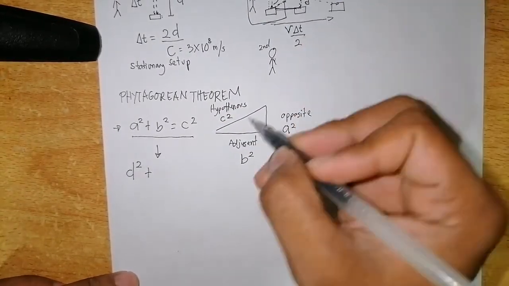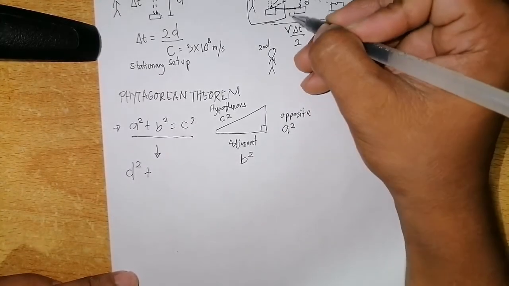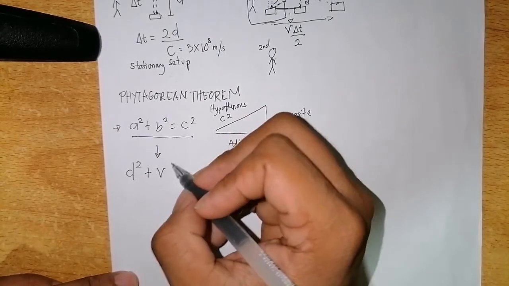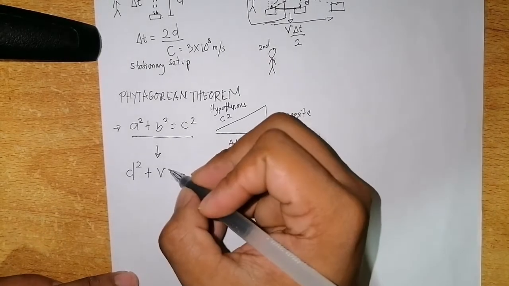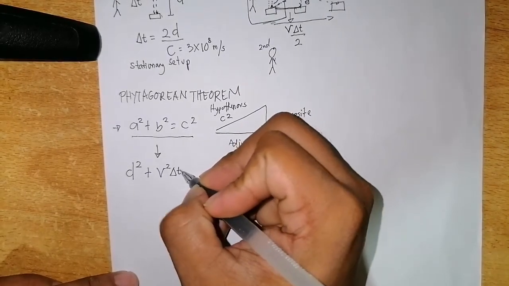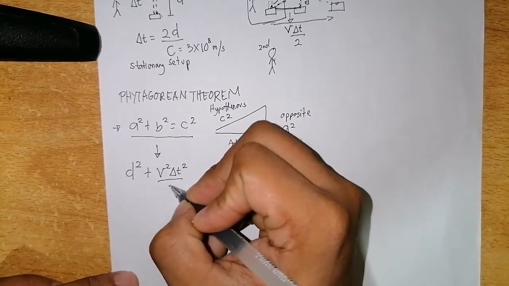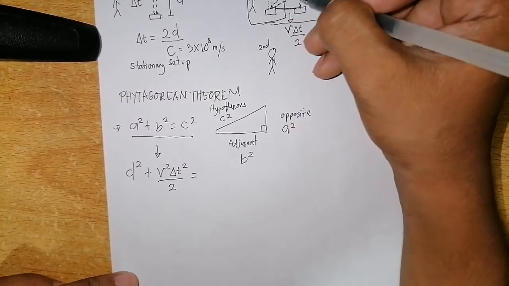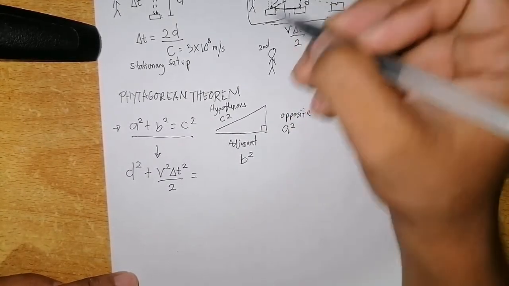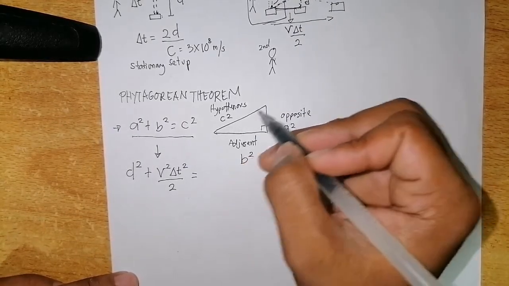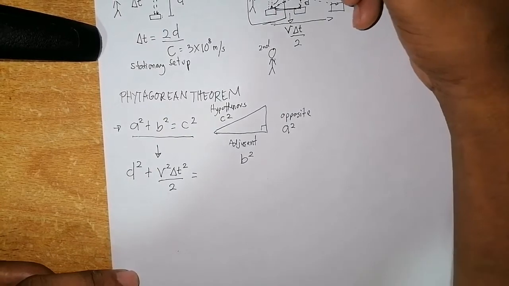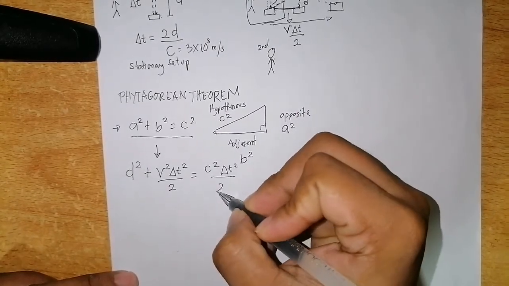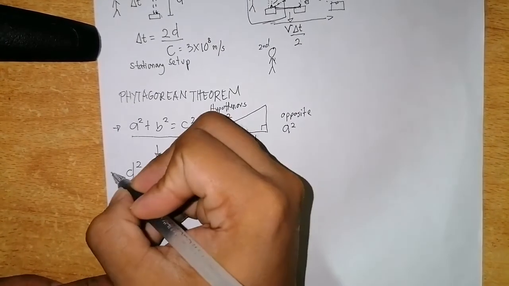While this lower part, the adjacent part, is equal to the speed of the vehicle or aircraft that carries this light equipment, v squared, delta t squared over 2 squared, is equal to this part here, where there is a hypotenuse. So we have the speed of light squared, change of time squared, over 2 squared.